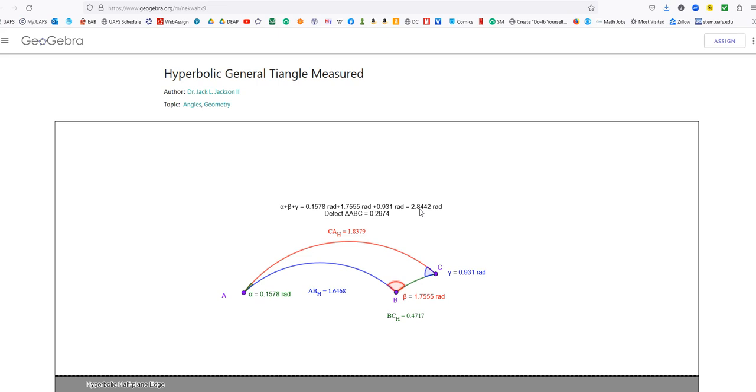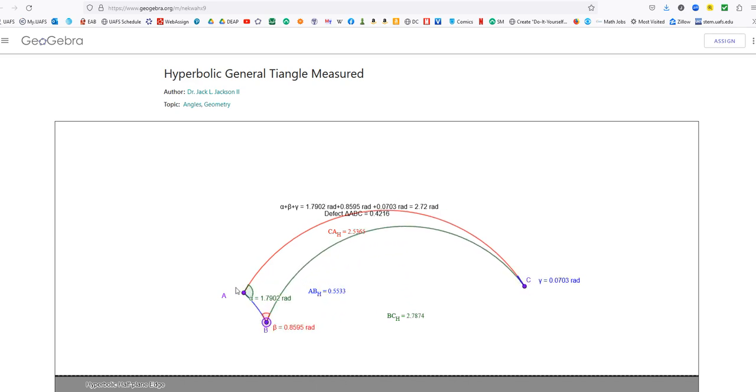Pi is about 3.14, so notice that's under pi, right? Under 180 degrees. And the amount that it's under is this amount here. That's called the defect. It turns out, no matter what we do, that number is always going to be less than pi.